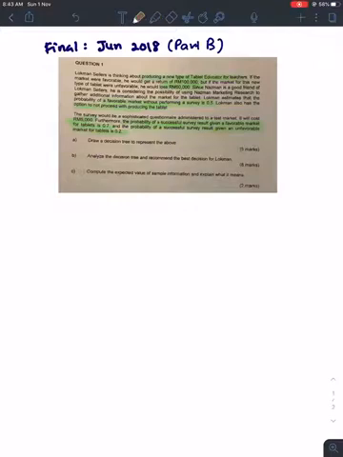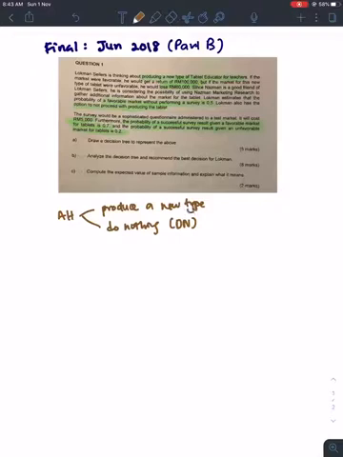Okay, now kita keluarkan dulu important information. We have alternatives, either produce a new tablet or do nothing. Do nothing is the end. Yang tadi, produce a new type of tablet.